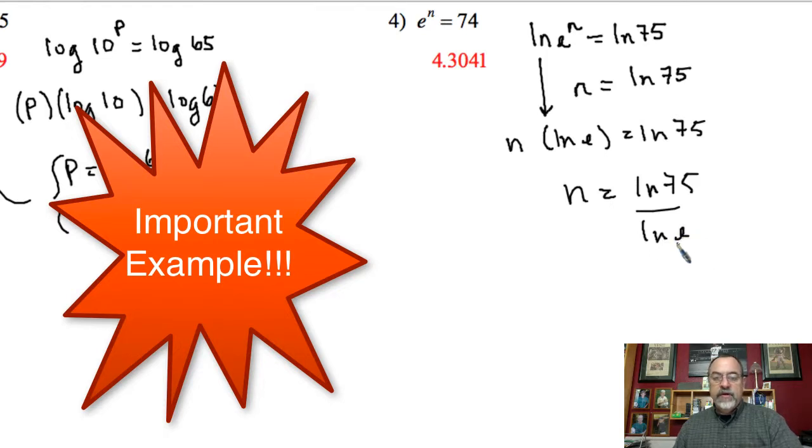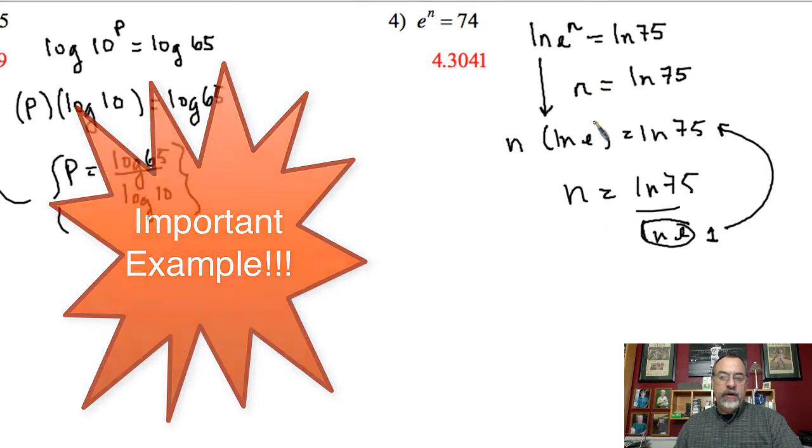Well, e to the first power. This simplifies to a 1, which ends up being this. So you can take this little shortcut by realizing that when you take the natural log of e to a power, it's going to simplify to the power. That's that property. Or if you take the long way around, you'll end up in the same place, but that's a little shortcut you might want to be aware of.